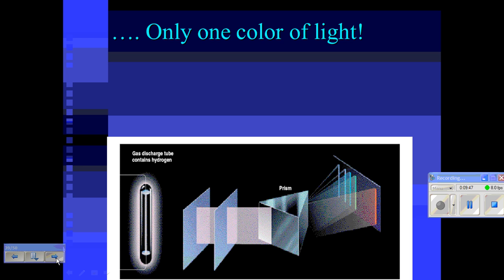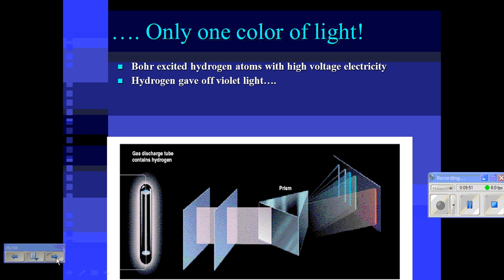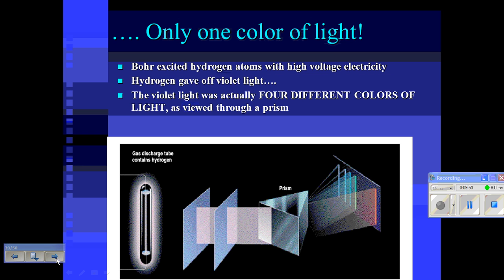When they actually pass the light through the prism, it's separated into four different colors of light. So this made him think about Rutherford's model of having this single ring with all the electrons in it.